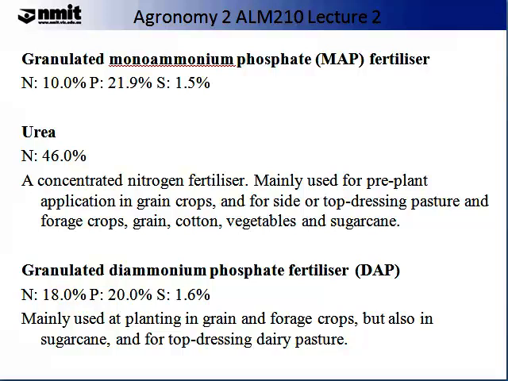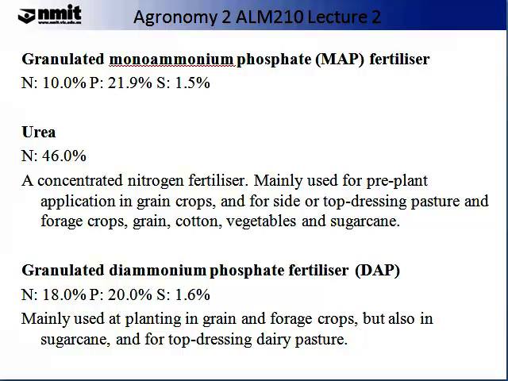I'd like to compare a number of fertilizers. The first one is granulated monoammonium phosphate, or MAP fertilizer. It contains 10% nitrogen, 21.9% phosphate, and 1.5% sulfur.